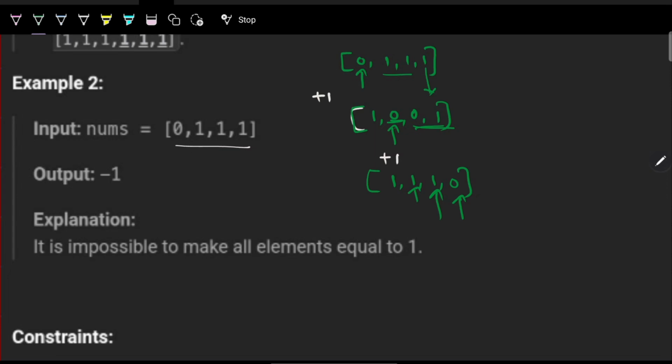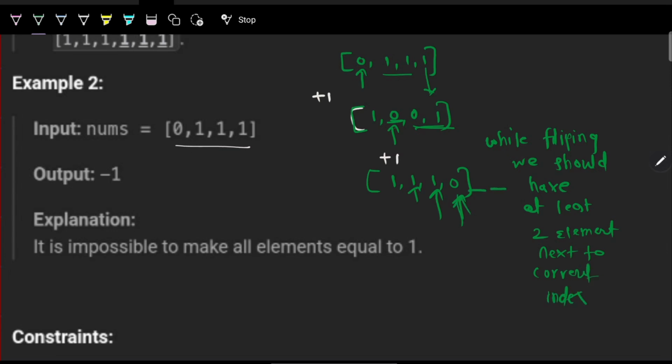But what is the case? While flipping, we should have at least 2 elements next to the current index. Make sense? So if I am here, I don't have 2 other elements that I can flip, because this is the last element.